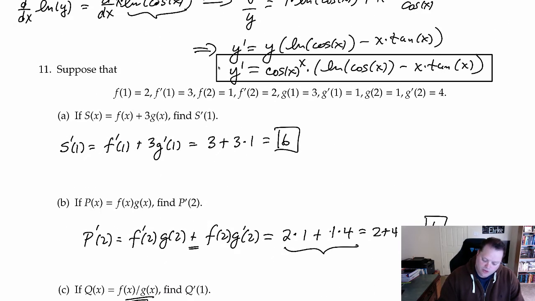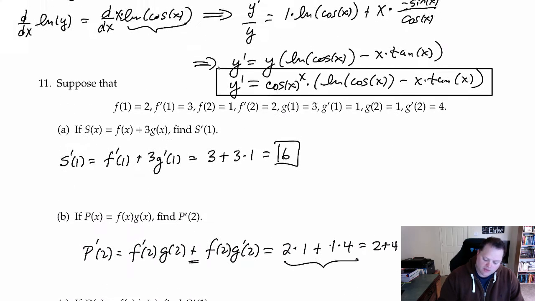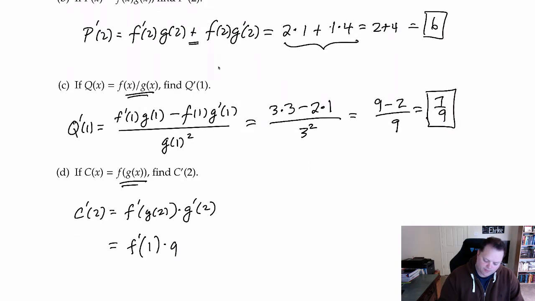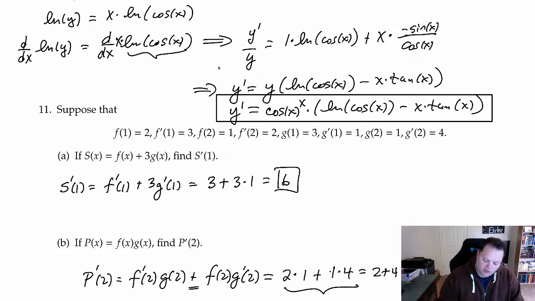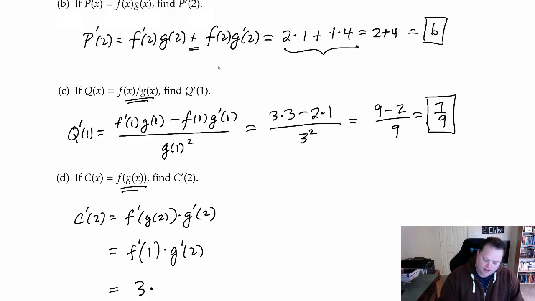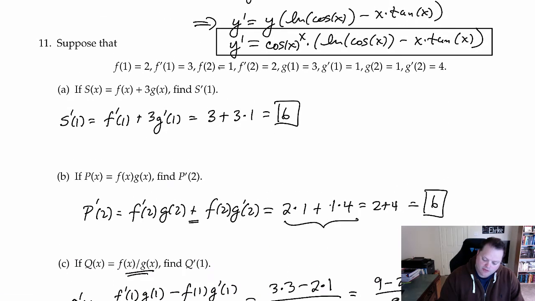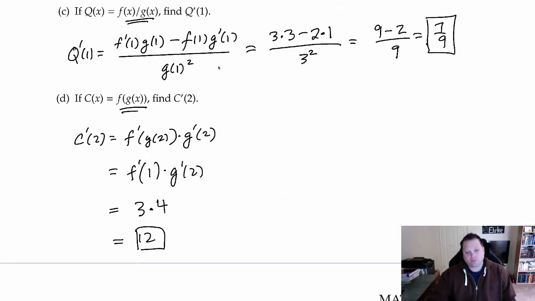G of 2 is 1 times g prime of 2. So f prime at 1 is 3. G prime of 2 is 4. So this is 12.